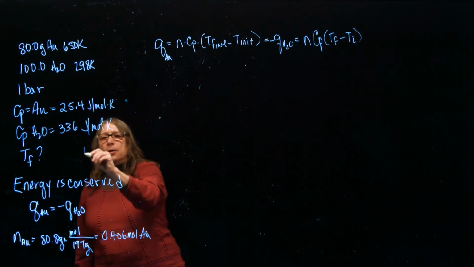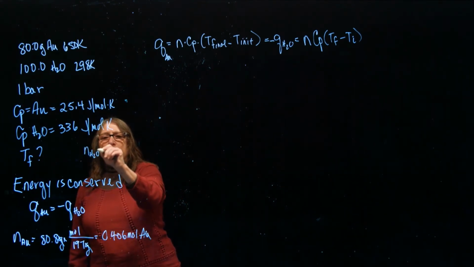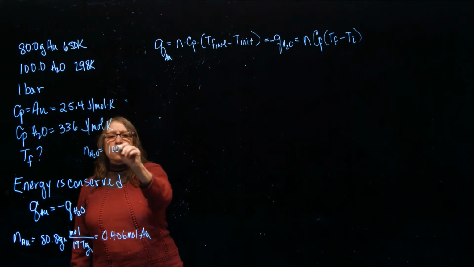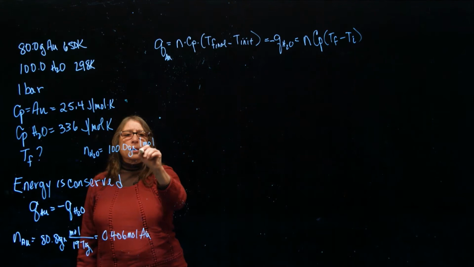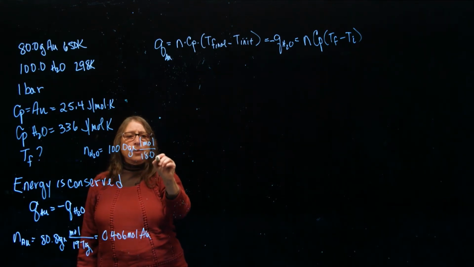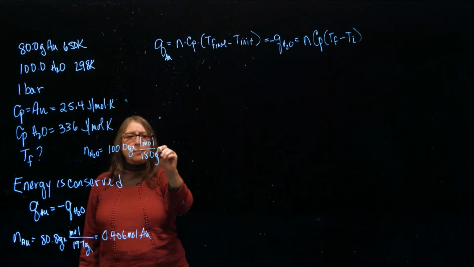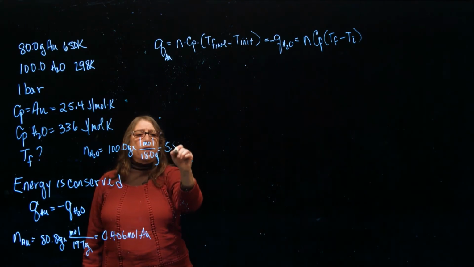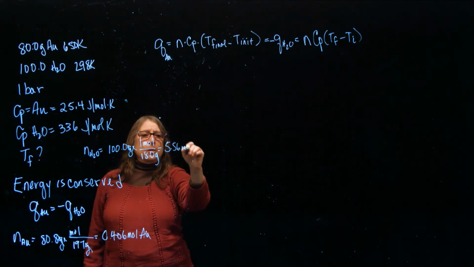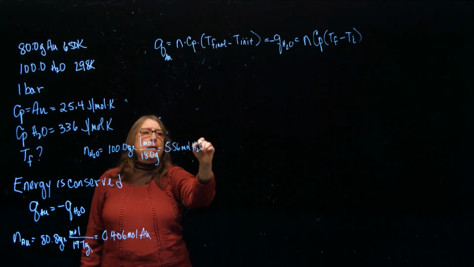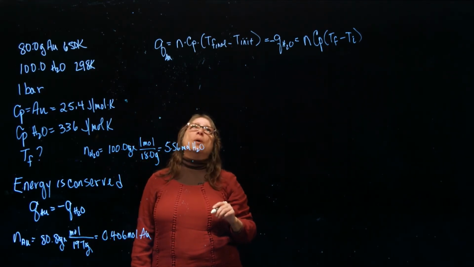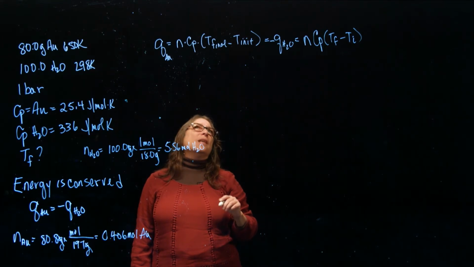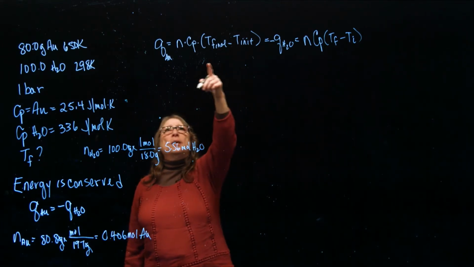I'll do that here. The moles of water is equal to the 100 grams I start with times 1 mole over 18.0 grams, and the grams cancel, and I have 5.56 moles of water. Now I can substitute everything back into my original equation, and I think then I can calculate the final temperature.